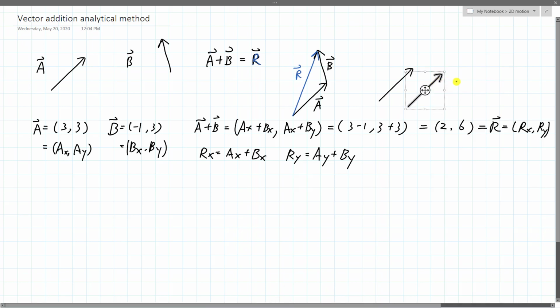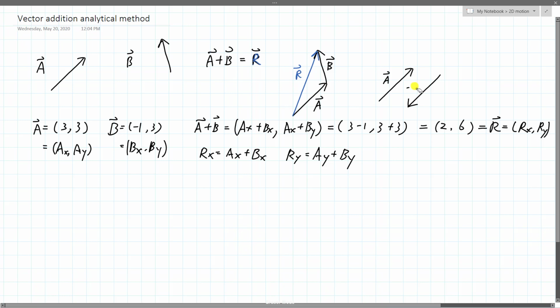So here's another one, except that I'm going to erase that arrow. So if I just reverse the arrow, let's do a little more center. Okay, so if I reverse the arrow, A becomes negative A.